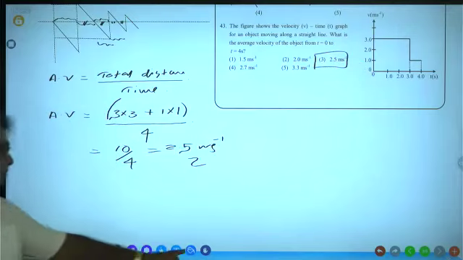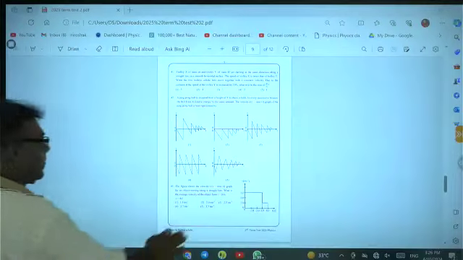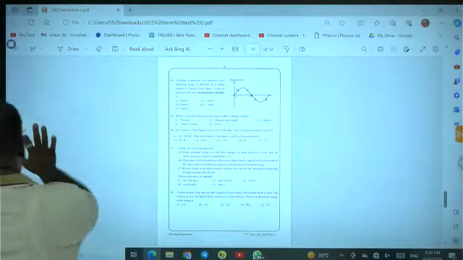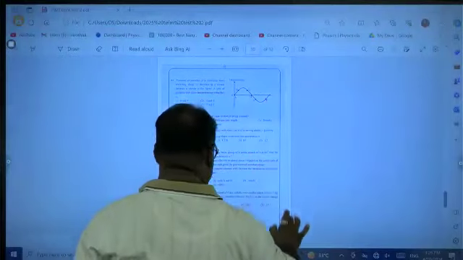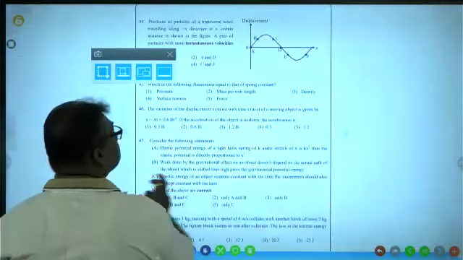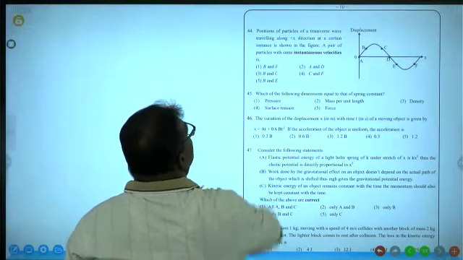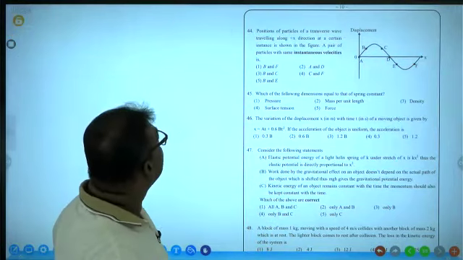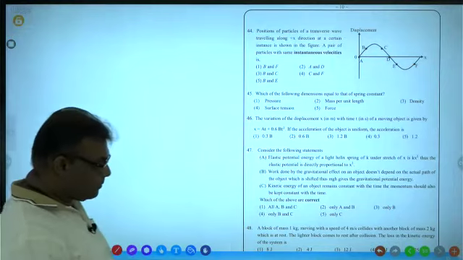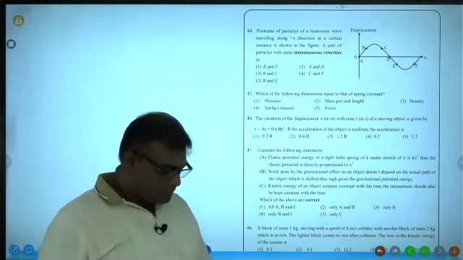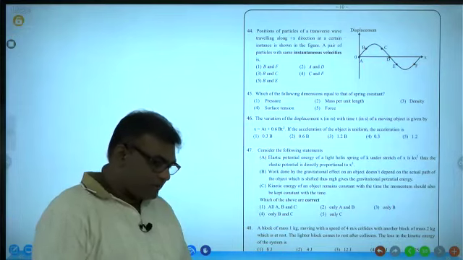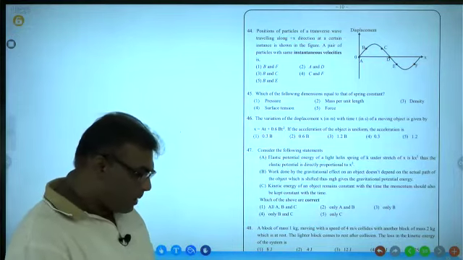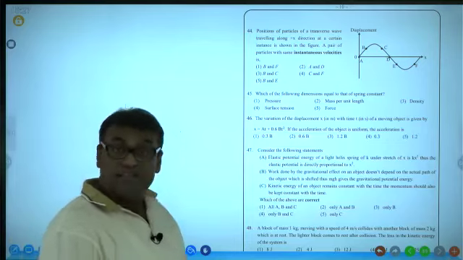Number 44. Right. The position of the particles of a transverse wave traveling along the x direction at a certain instant is given in the figure. Find the pair of particles with the same instantaneous velocity.